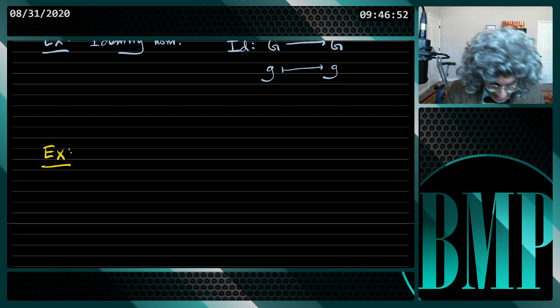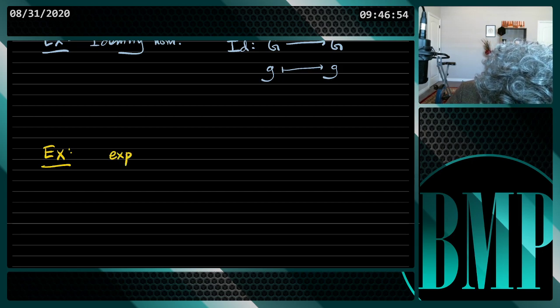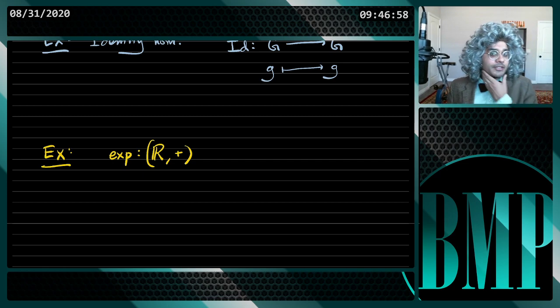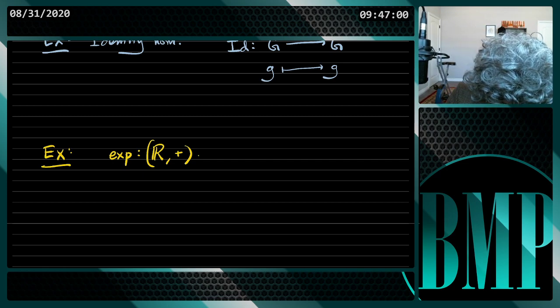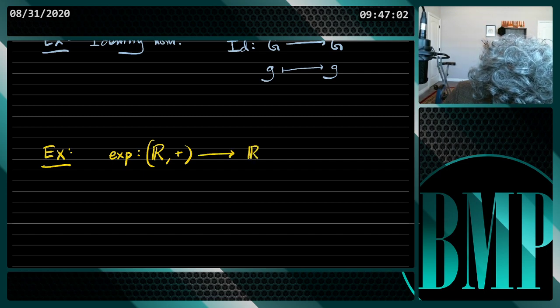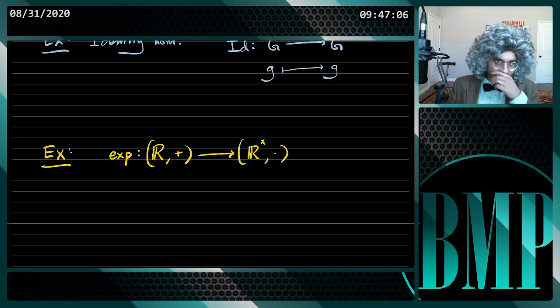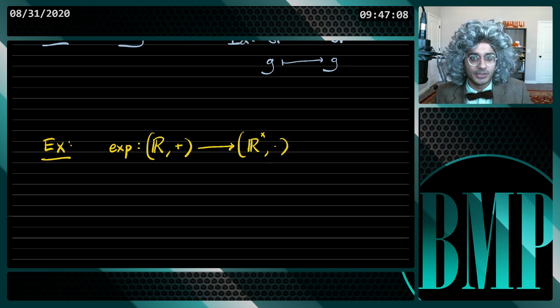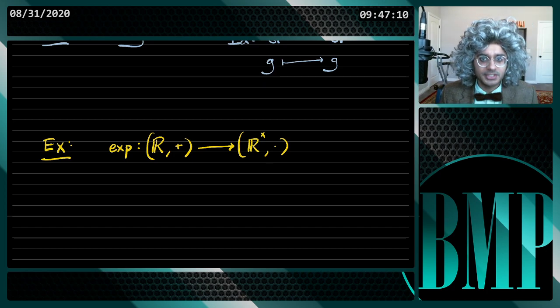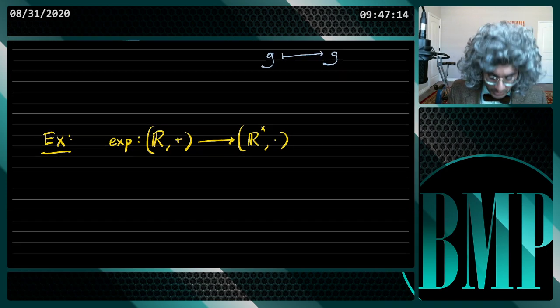Okay, here's an example. Exp from the additive group of real numbers to the multiplicative group of non-zero real numbers, with multiplication. So this is a group homomorphism.